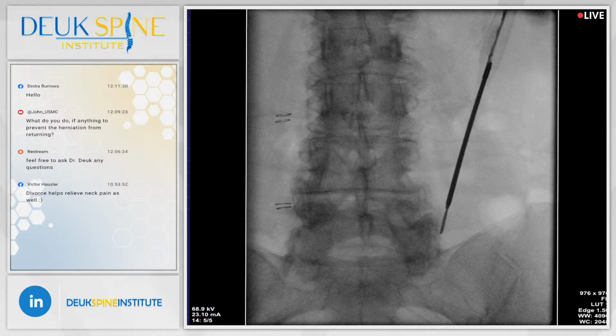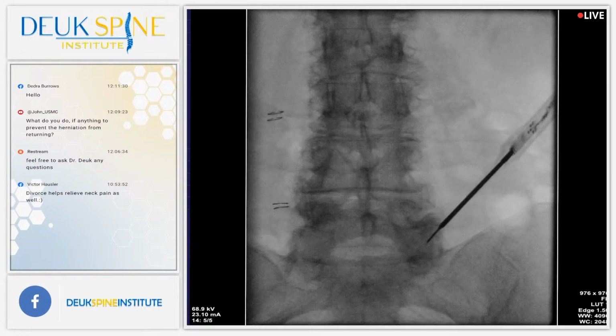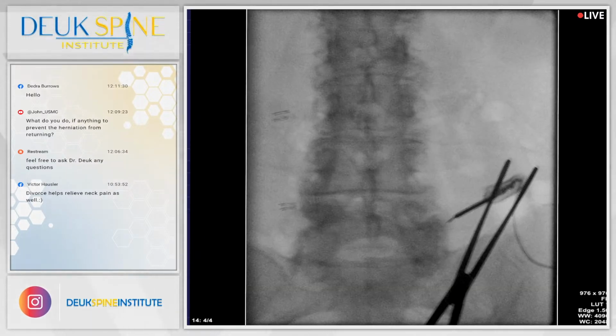We're not treating a herniation in this patient, but a herniation only happens if you have a hole in the annulus and you have fragments of nucleus next to the hole and you have a force pushing those fragments out, which comes from bending and heavy lifting. If you take away the path for the herniation to get out, you take away the force and you take away the fragments, you're not going to have a herniation.